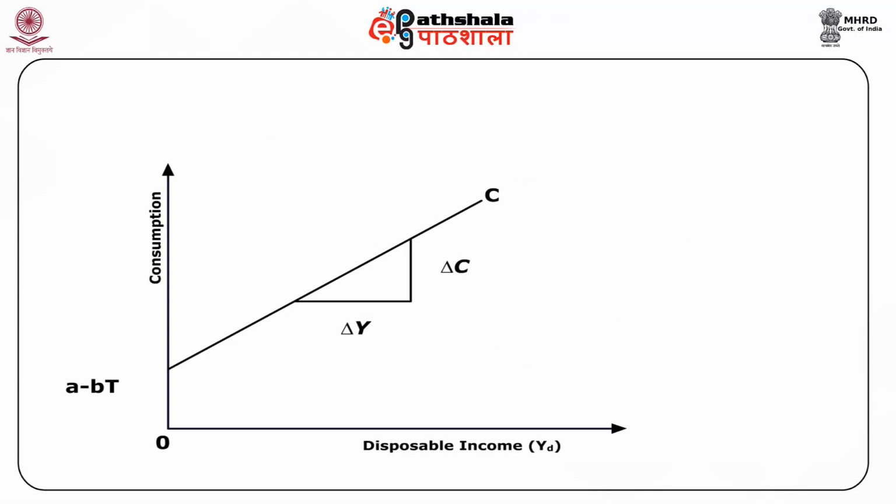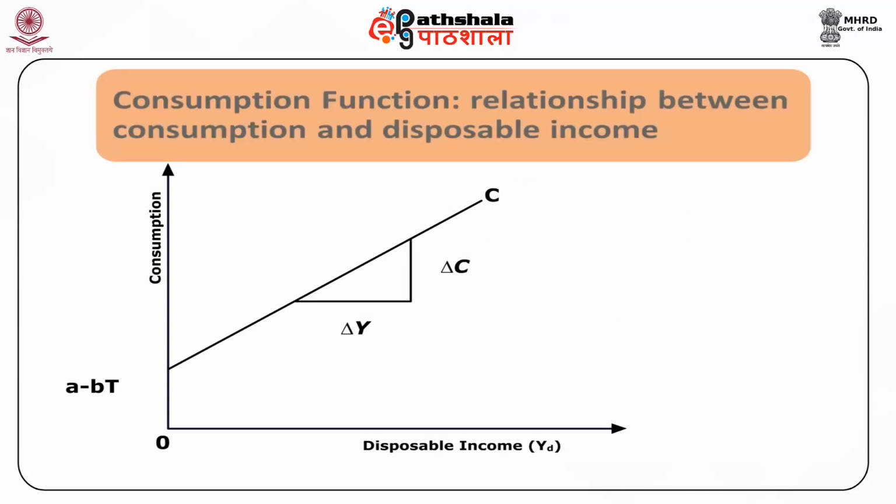Figure 1 presents the consumption function, demonstrating the relationship between consumption, which is the dependent variable, and disposable income, which is the independent variable. The consumption curve C shows that the consumption increases with income, assuming other things remaining constant.